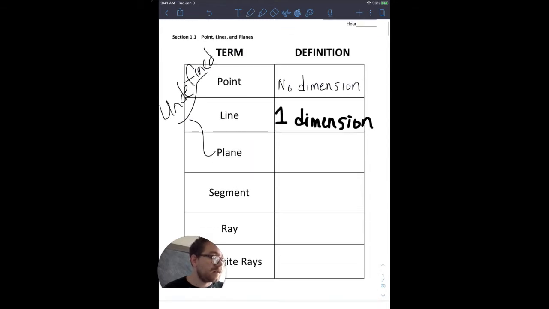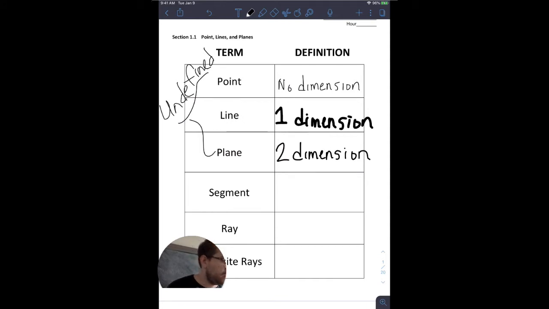Okay, let's talk about a plane. A plane has two dimensions. And it's represented by a shape that looks like a floor or a wall.